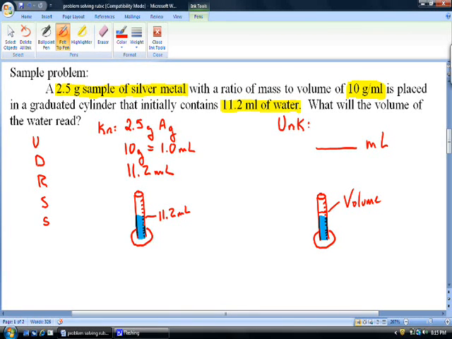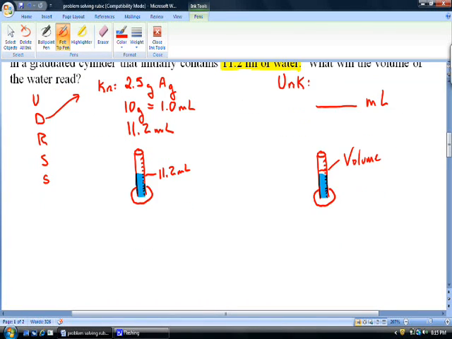That's what we're really asking. So what have we covered here so far? We have found our data. This is our data right up here. In fact, all of this stuff is under data. And now we're going to think of our relationship, and we're going to be careful in our relationship to include units.